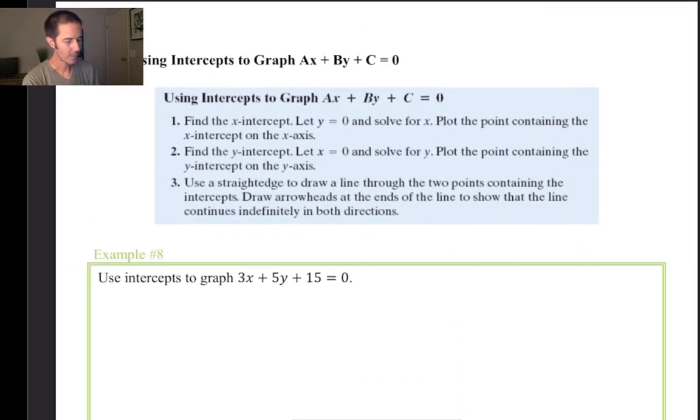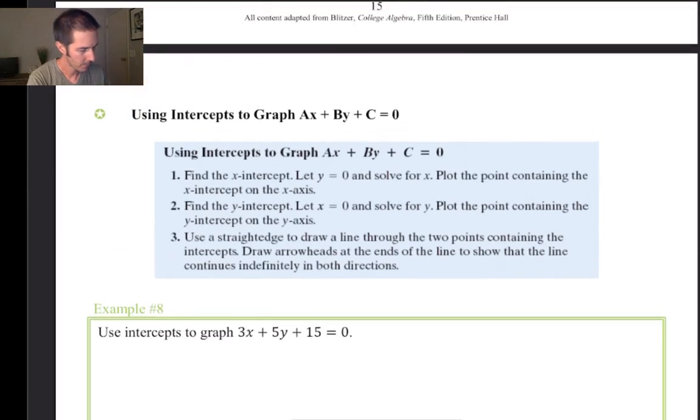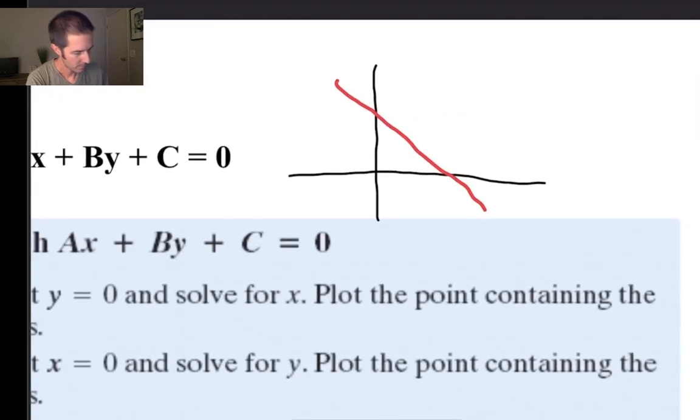Now, using intercepts in order to graph an equation that's given to us in this general form. We saw some illustrations of it earlier, but let's revisit one more time very quickly. Remember, the y-intercept is the point where our graph crosses the y-axis.